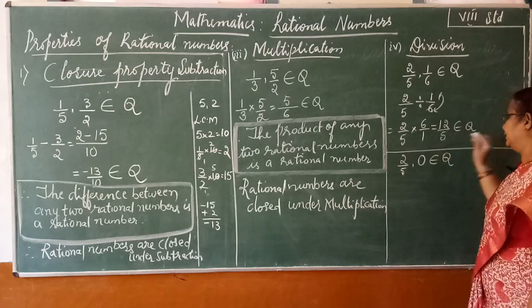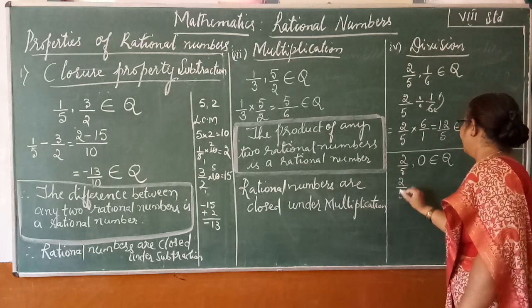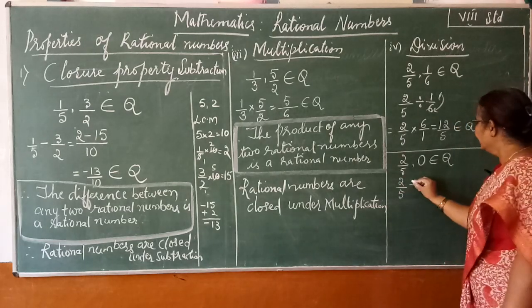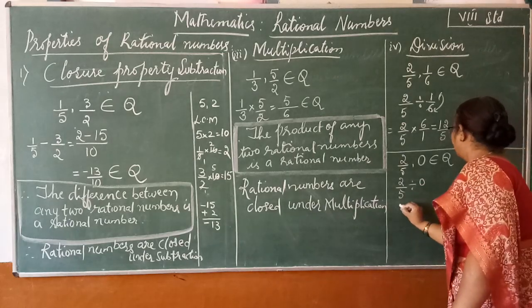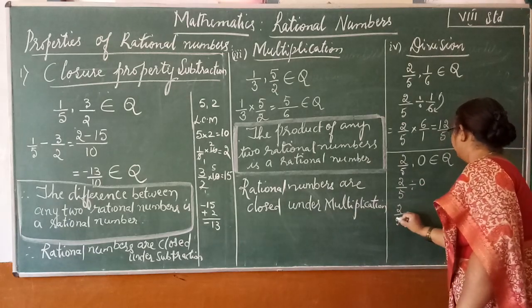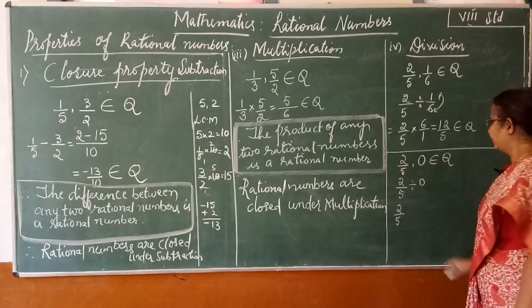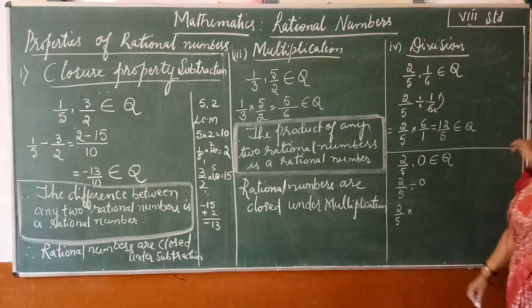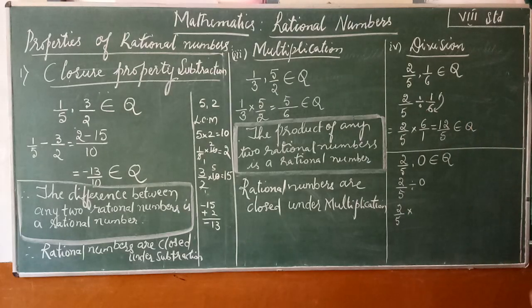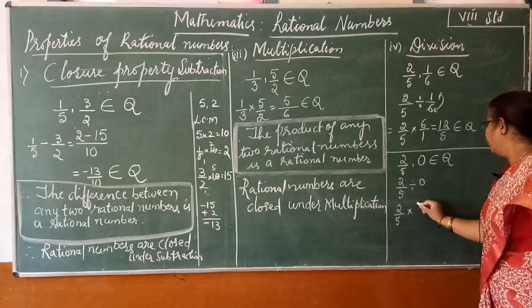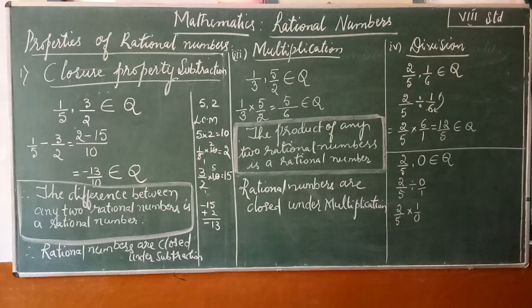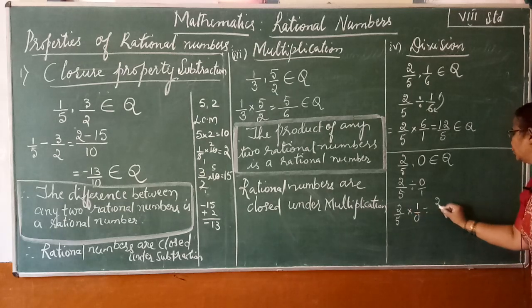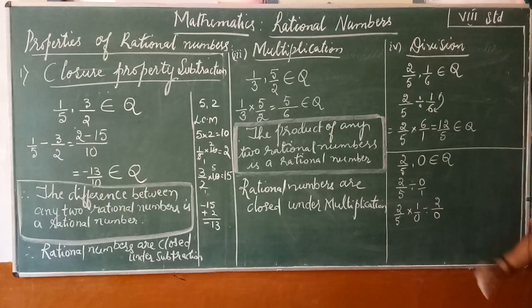Both are rational numbers. 2 by 5 divided by 0. So 2 by 5, division changes to multiplication, and we take the reciprocal of 0, which is 1 by 0. So 2 into 1 is 2, 5 into 0 is 0.